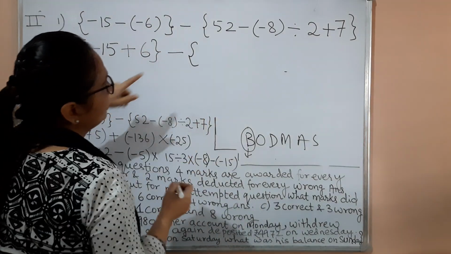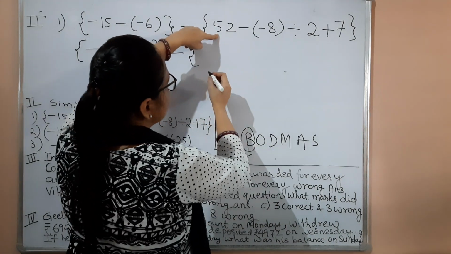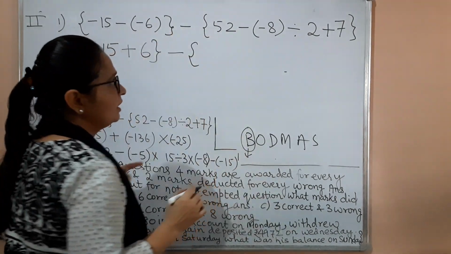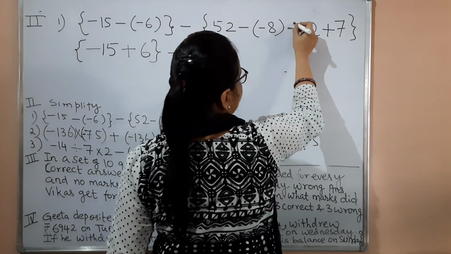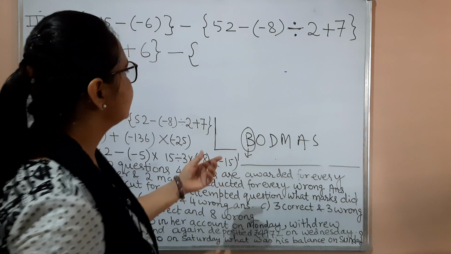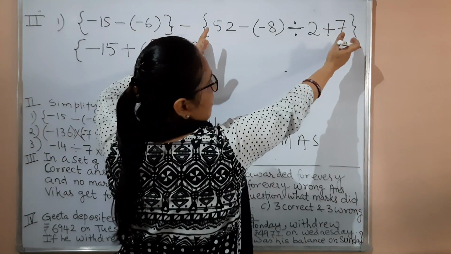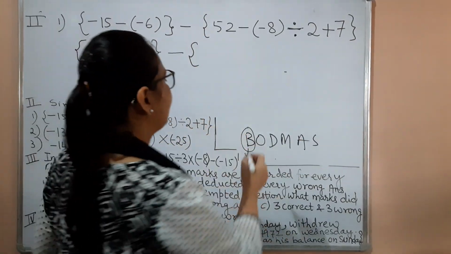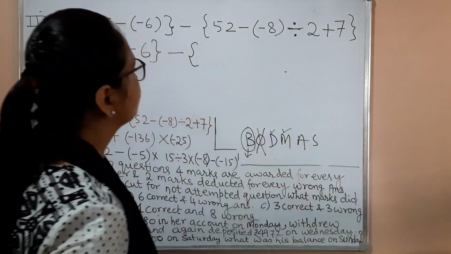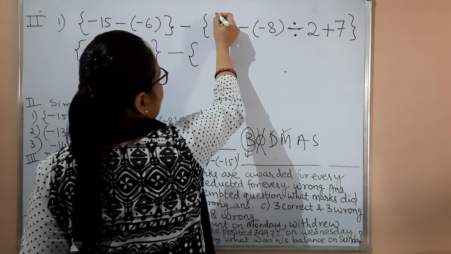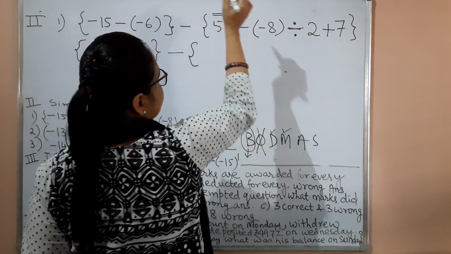Minus. Now 52, let us solve this. Here we have to understand the simplify rule again. The simplify rule says you have to first solve the bracket. So this bracket is our target. Then of, which is not here. Then we have division and then multiplication. So first we have to find out how many terms there are in this simplification.